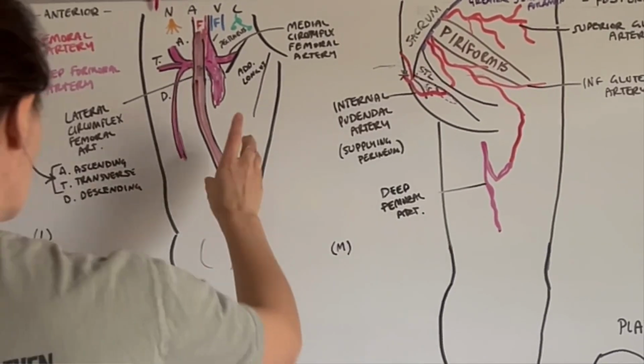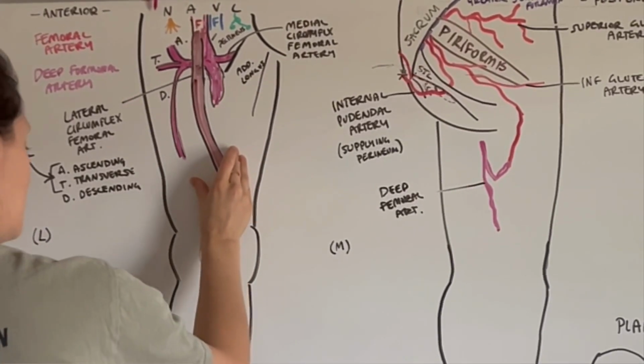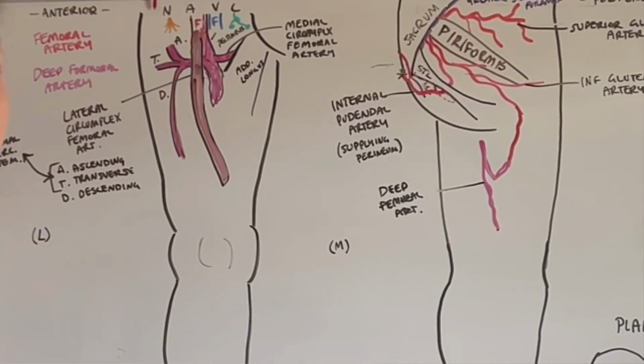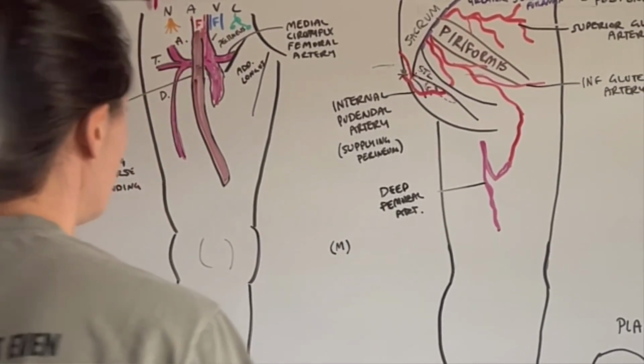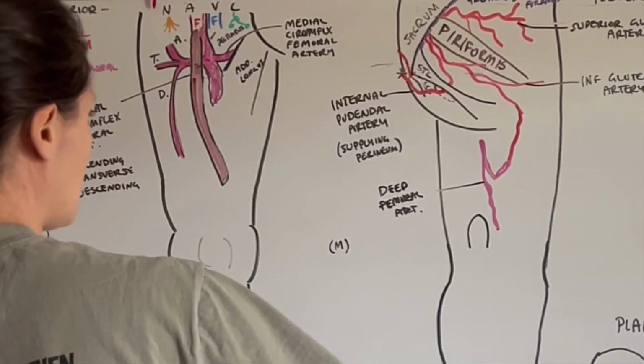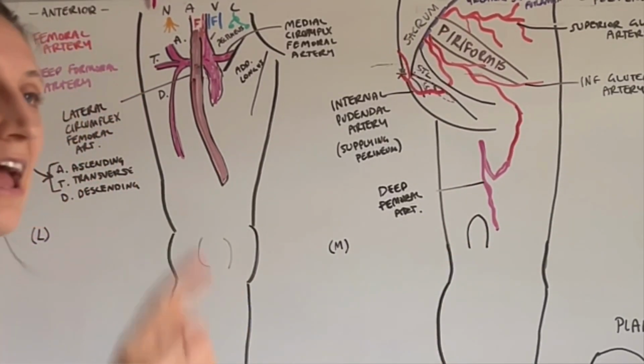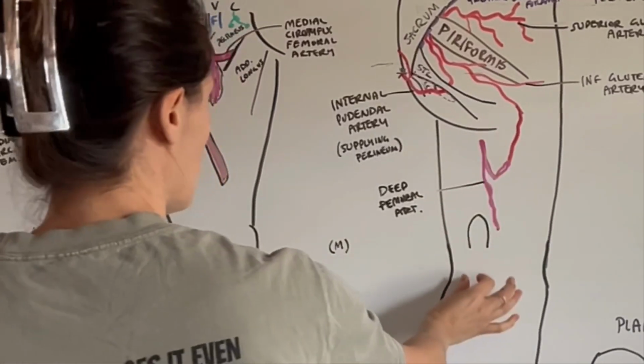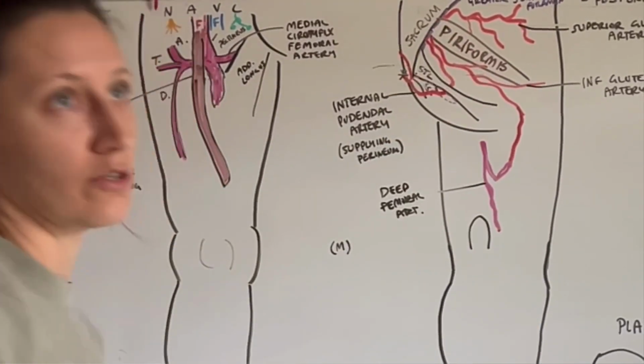And this one is traveling in a very specific hole. It's going to go through a very specific tunnel, I'll call it, or opening. This hole is in our adductor magnus. It is in between our hamstrings portion and our adductor portion.